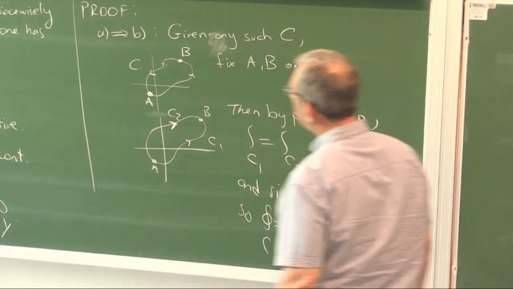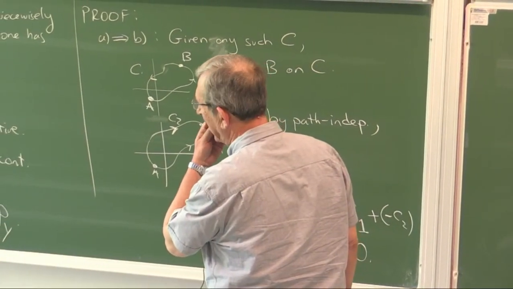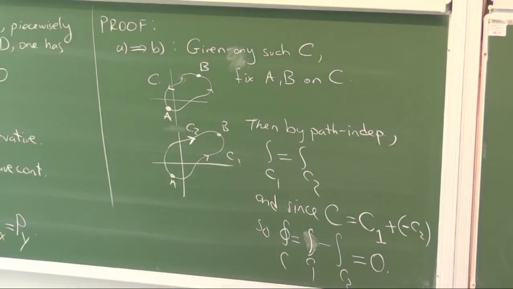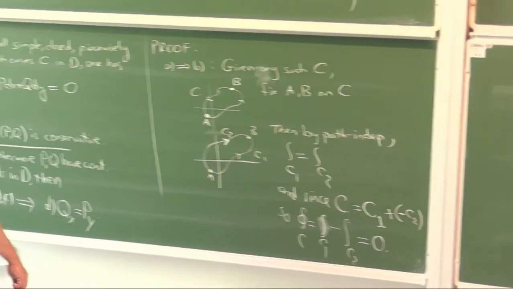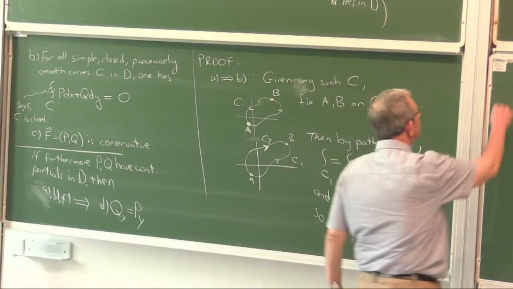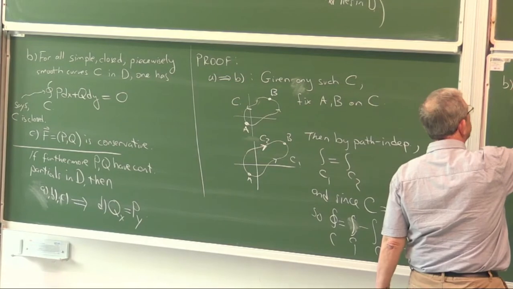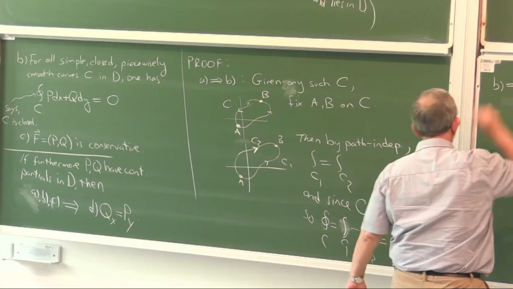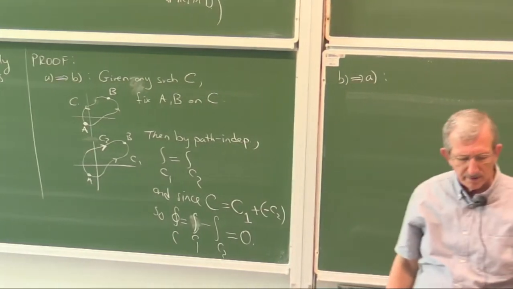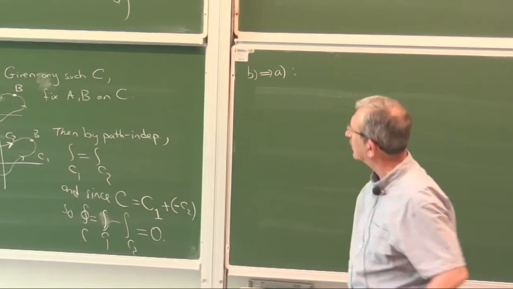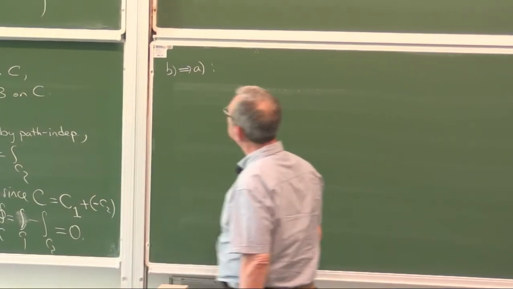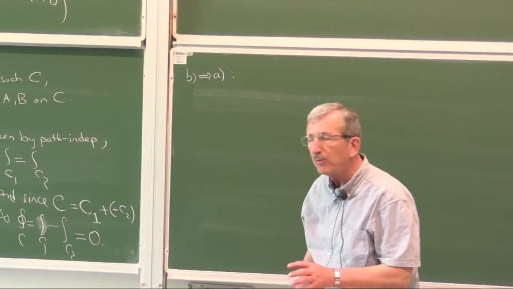Now, we can easily check the opposite, that is, B implies A. But this is a little bit tricky in the following sense. It looks obvious, but it's not, and we will only partially prove it.